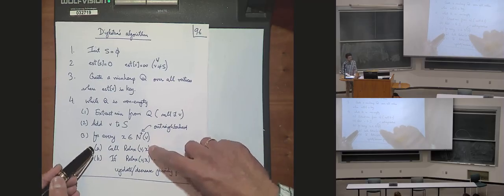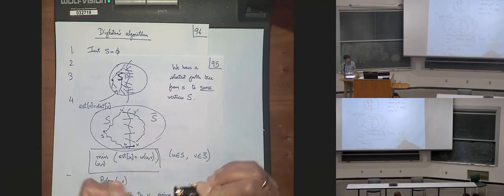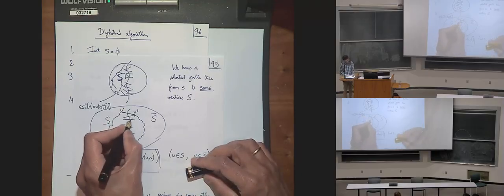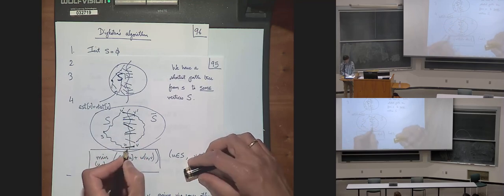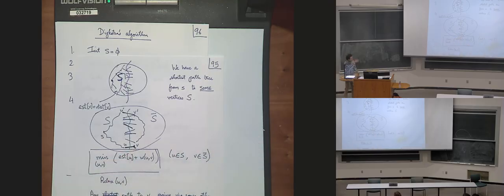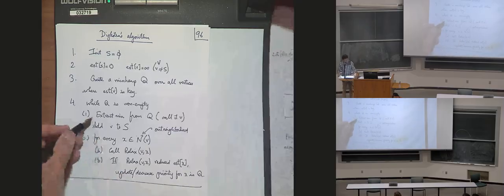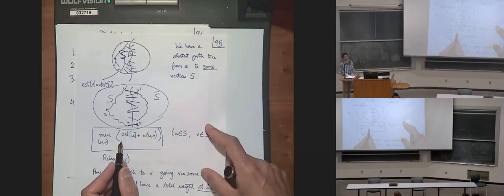So you basically call the relax operation for all of these edges. Suppose the relax operation changes this estimate, then you have to update the priority. So you have to do this decrease priority in a min heap. And then when you do the extract min, you're always getting the one that minimizes this quantity, the estimate plus the weight.